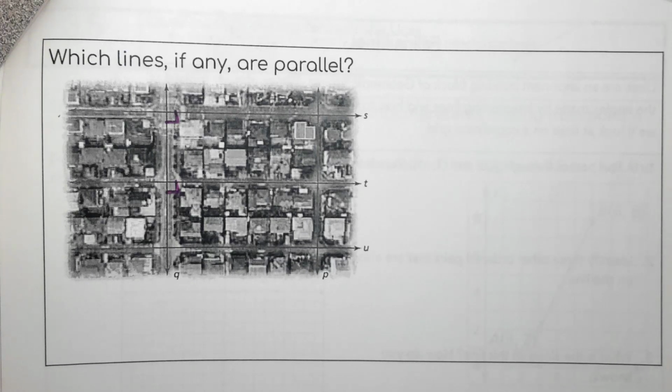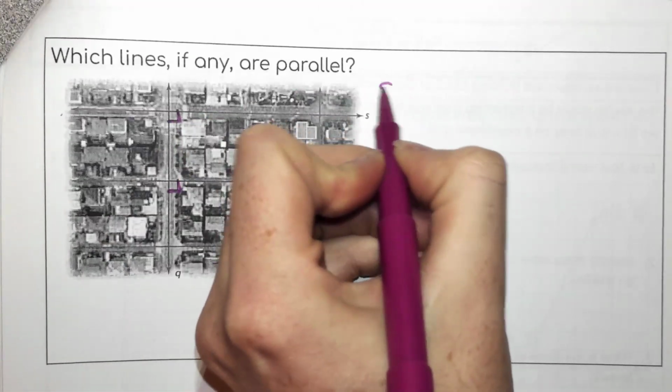Well, we know that S and T are both perpendicular to Q. I'm going to write down what our thoughts are.